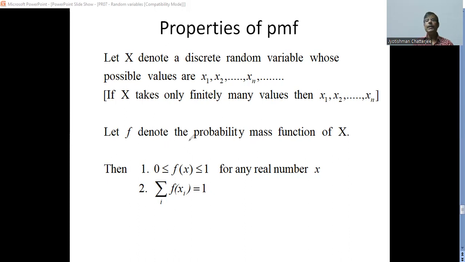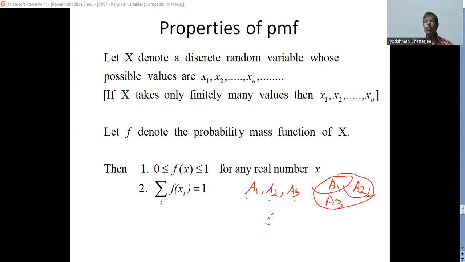Generally, for a moment, let's step aside and consider any collection of events, say A1, A2, A3. Suppose they are mutually exclusive as well as exhaustive. So the diagram will look like this. Here is A1, here is A2, and here is A3.